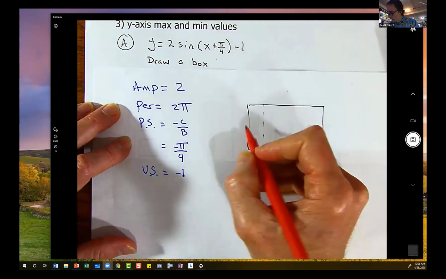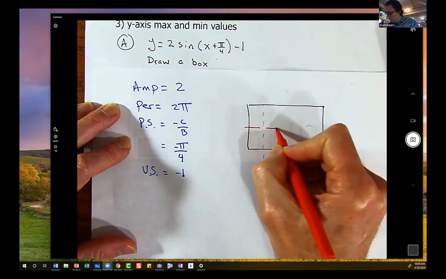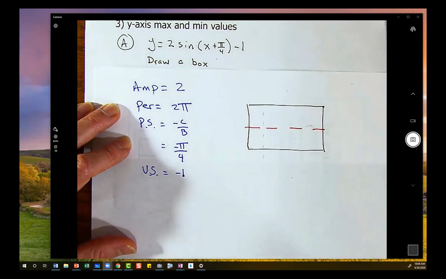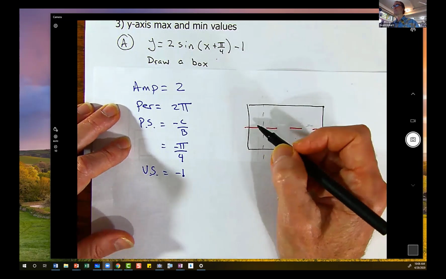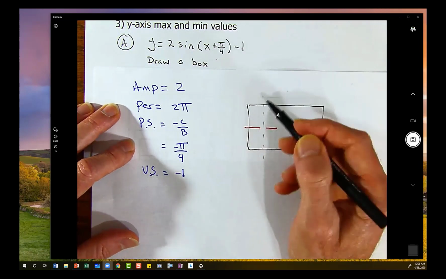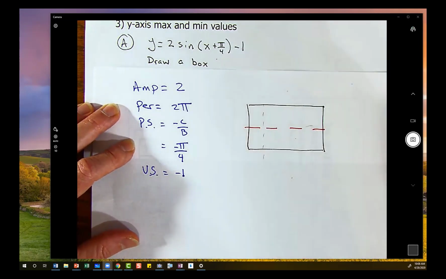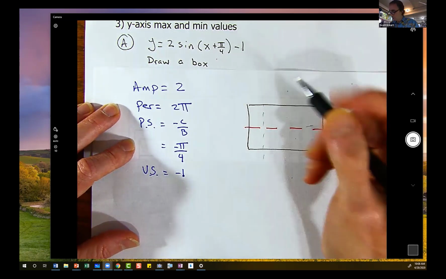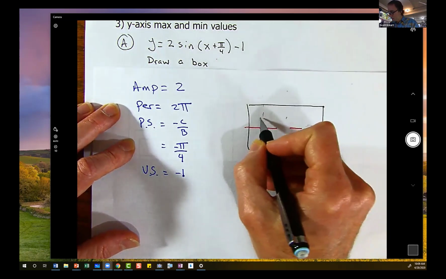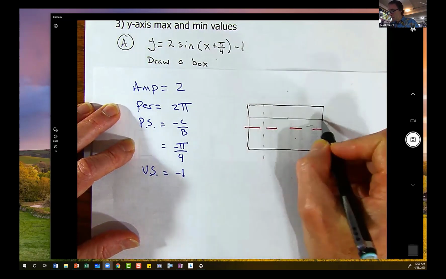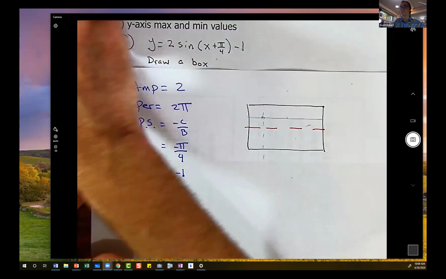We just need to find this midline, and then look at the top of the box. Now, for me though, I'm very visual, and so it throws me off if I do this. So I'm going to put in the x-axis.